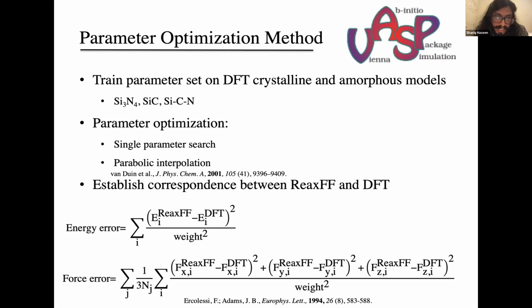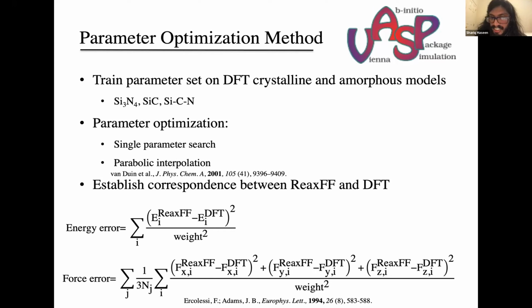And we get our error by looking at our objective function as the combination of, if you see at the bottom, the energy error and the force error. So the energy error is only the difference between the Reax computed energy and the DFT computed energy. And it's fairly straightforward.